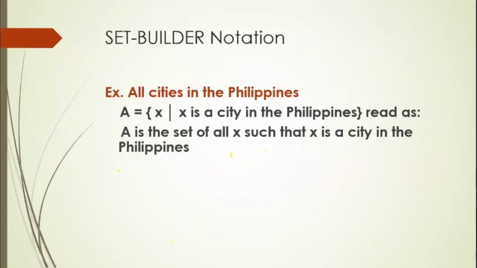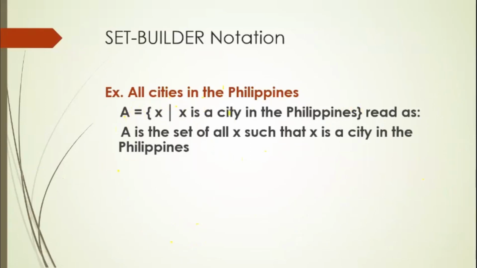So let's say, for example, you're asked to express the statement "all cities in the Philippines" in a set builder notation. How will you represent that? This is how we represent this sentence in a set builder notation. You have your letter A, your equal sign, your bracket, your variable, your vertical bar, and then your descriptive statement, and lastly, your curly brackets.